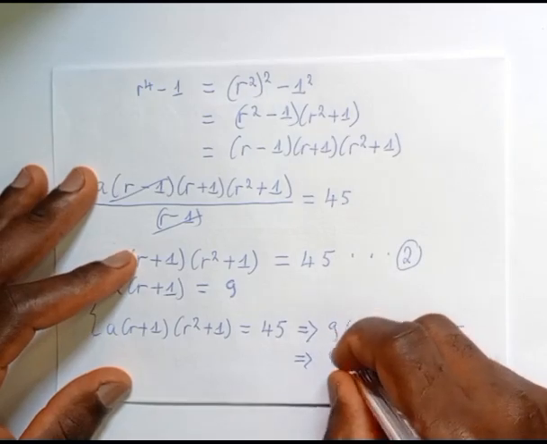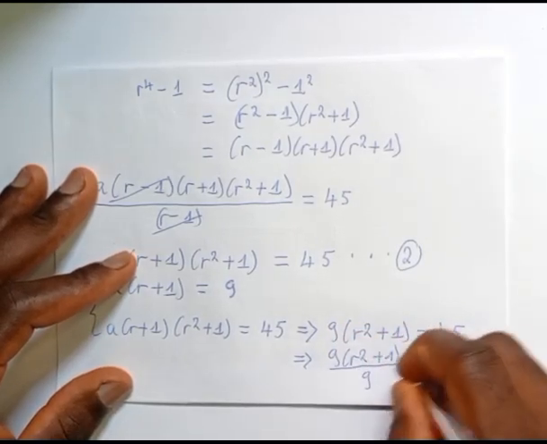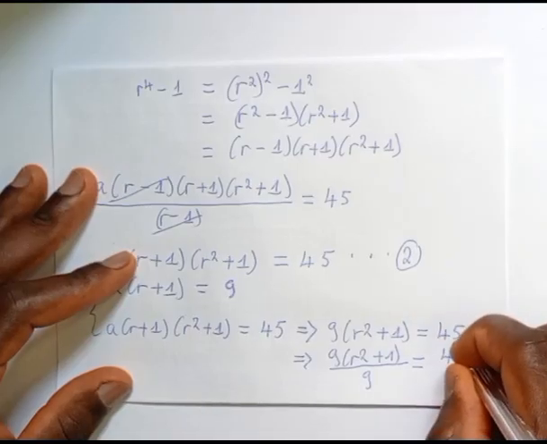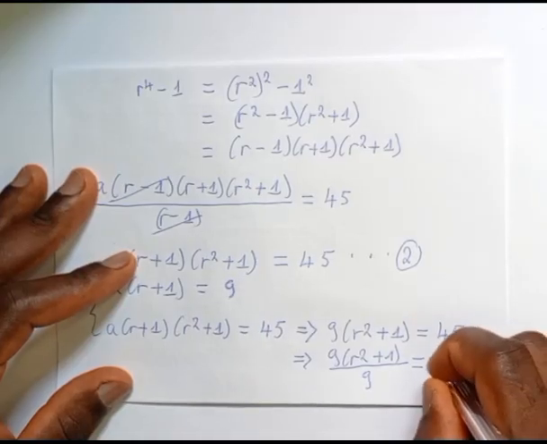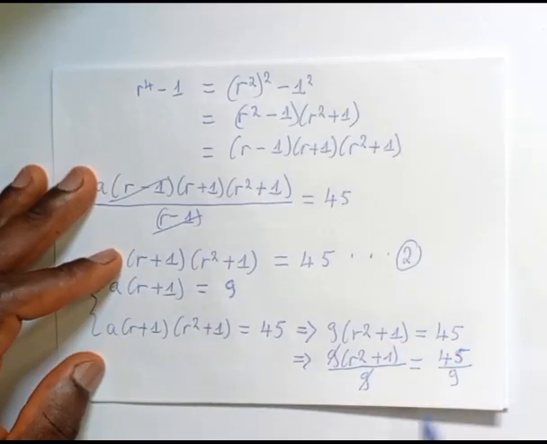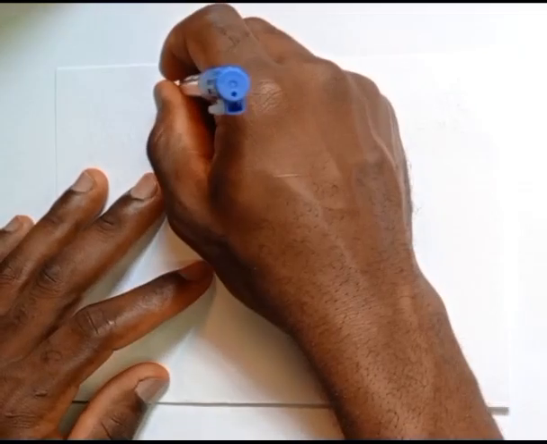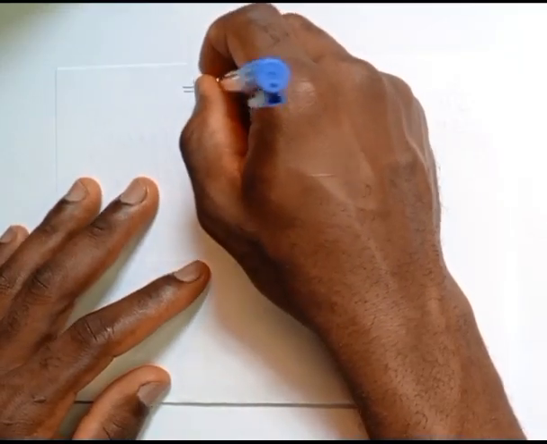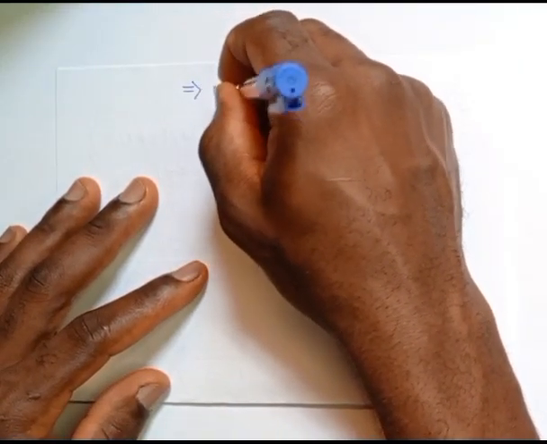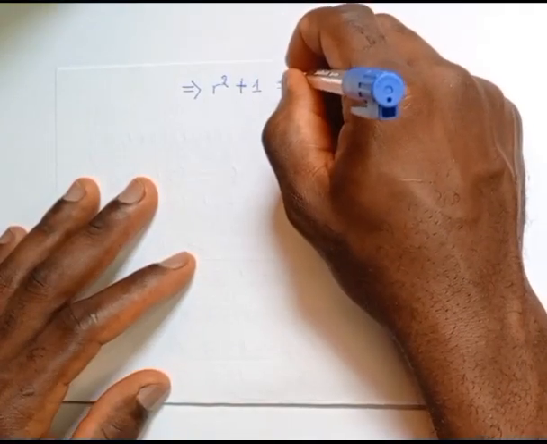Dividing all through by 9, 9 times r squared plus 1 all over 9 will be equal to 45 all over 9. 9 will strike off 9. 45 divided by 9 gives us 5. This will simply imply that r squared plus 1 is equal to 5.